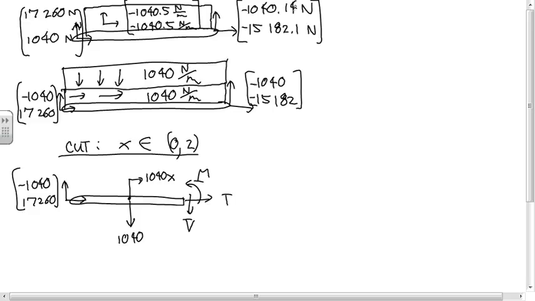And then this one should be flipped, and 1040 is positive. So negative 15,182, and this should be positive 1040. Okay, and that changes this direction for the distributed load. So that horizontal distributed load is pointing to the left.